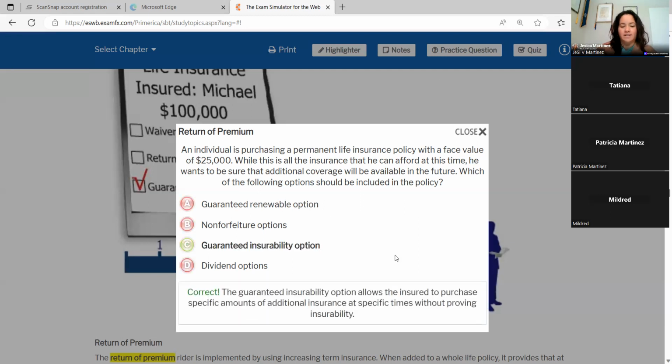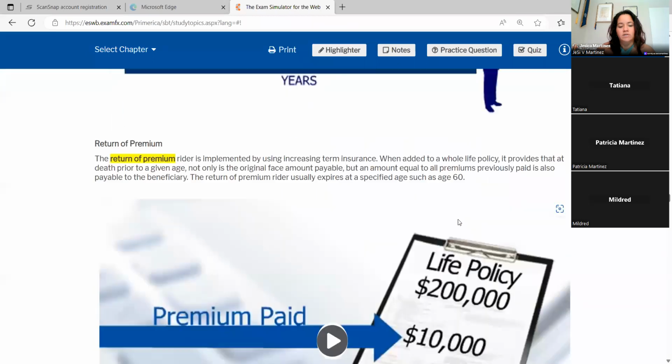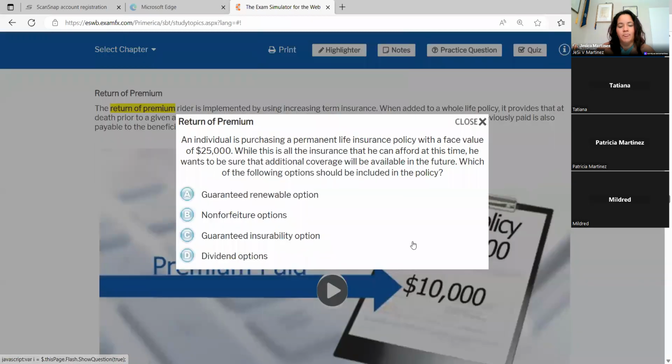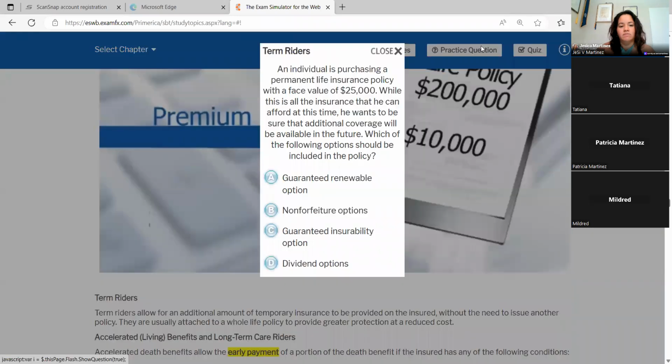Yes, so with guaranteed insurability, you're guaranteeing that you wouldn't have to prove insurability later on. So you're guaranteeing that you can increase that benefit later on. I think we just did that one.